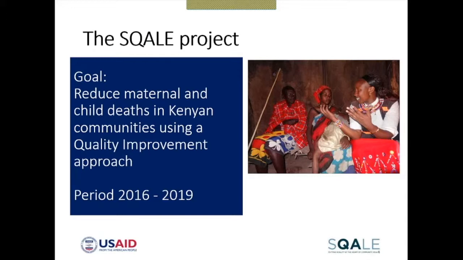And this was a 6-country study, led by Liverpool School of Tropical Medicine, and we implemented it in the Kenyan context. So the SQALE project started from 2016 to 19, and the goal was to scale up what we learned in Reach Out around scaling up the quality improvement approaches in different community units and at different levels, and then seeing what results we'd get, especially in reducing maternal and child deaths.